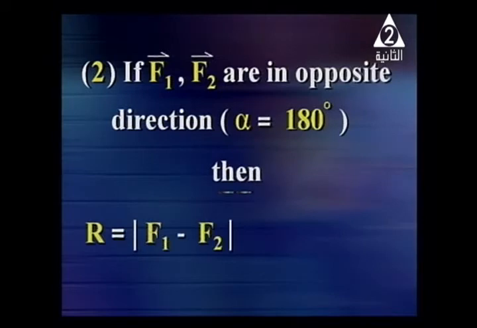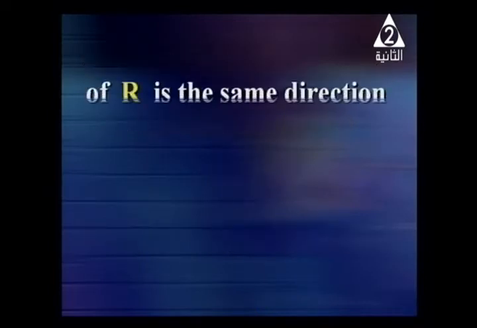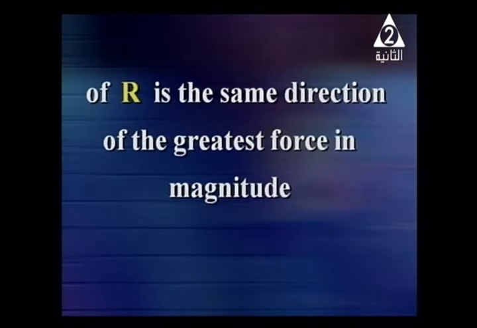Let F1, F2 be in opposite directions. What do you mean? The angle between them equals 180. What is the result? The resultant in this case equals absolute F1 minus F2, and the direction of the resultant is the same as the direction of the greatest force in magnitude.